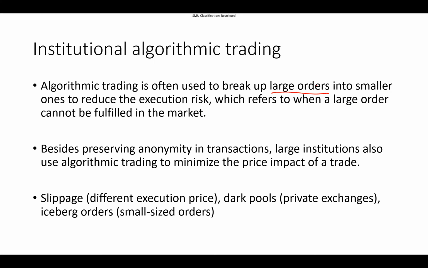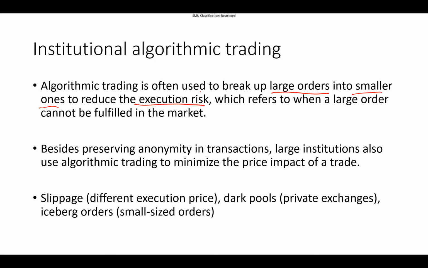And even if we have, it's going to cause a change in the price. It's going to fluctuate the market, right? So we're usually going to break it down into smaller ones to reduce the execution risk, which I was referring to. So we may not be able to execute the large orders, right?